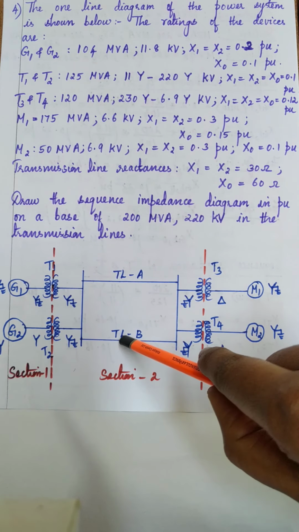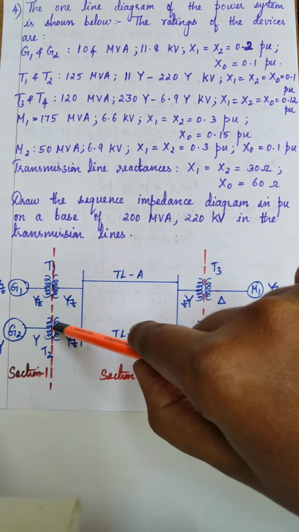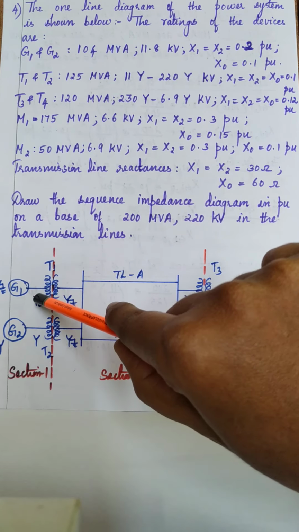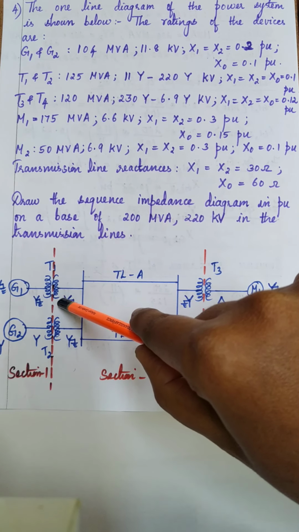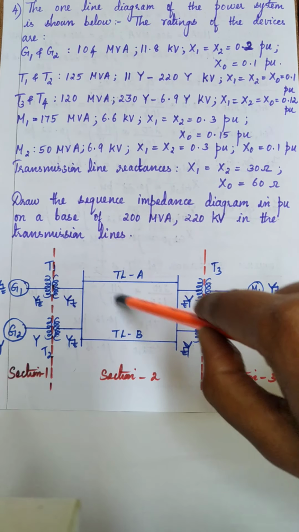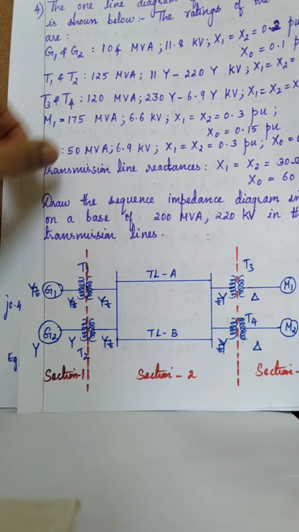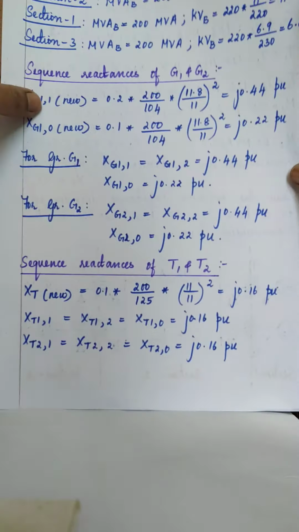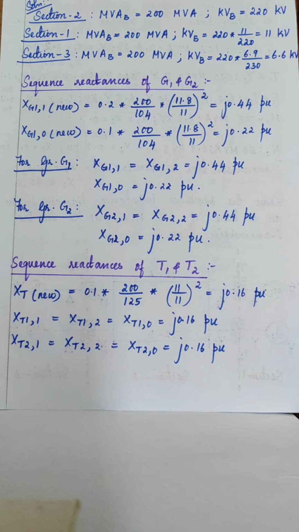KVB is 220 into 11 by 220. These transformers are rated as 11 on the primary side and 220 on the secondary side. So 220 into 11 by 220, we will get the KVB on section 1 as 11 kV.